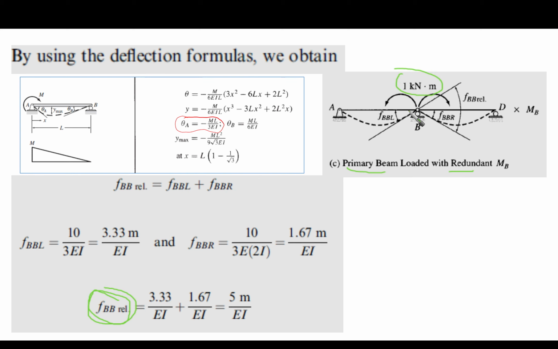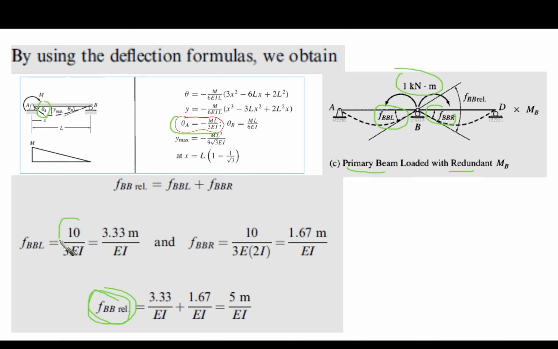So we want to know the slope before and after. We have two spans, AB, which has a concentrated moment at the right end. Here we have AB with a concentrated moment of the same sense. We are interested in theta A, which is minus ML over 3EI.